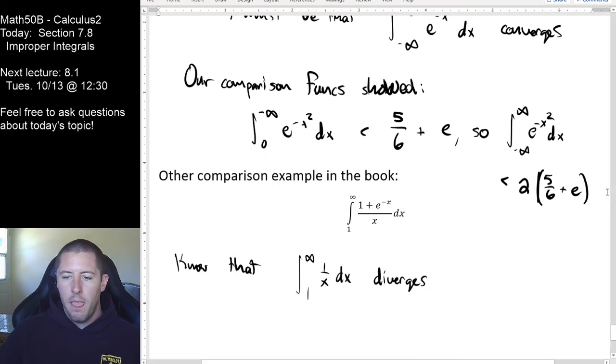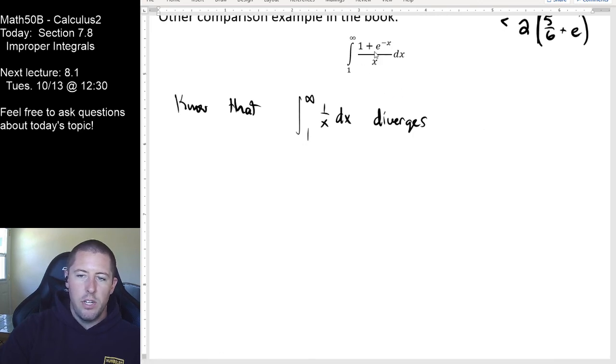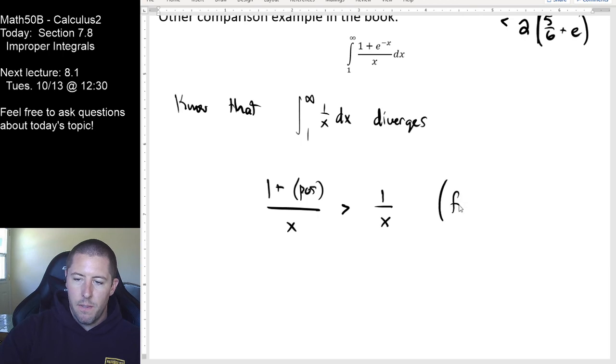And what I'm seeing here is a gross function that I don't really know what to do with. But what I know for sure is that 1 plus a positive number over x is always going to be more than 1 over x, as long as x is positive, which it is. Here x is greater than 1.